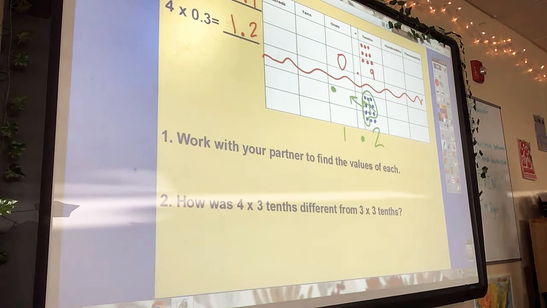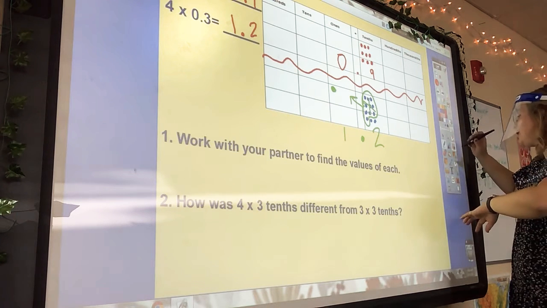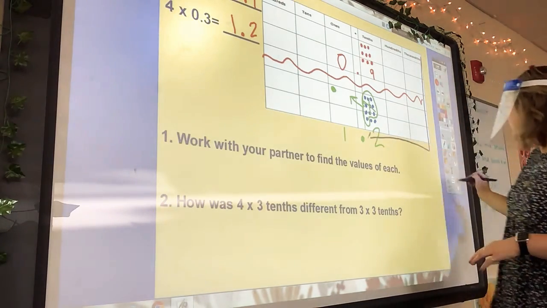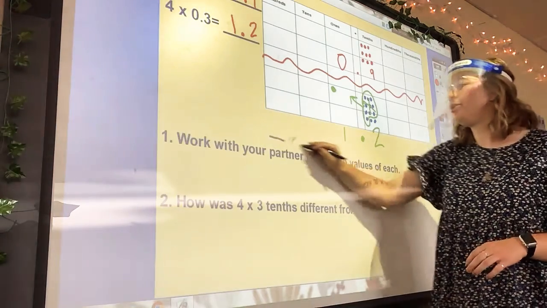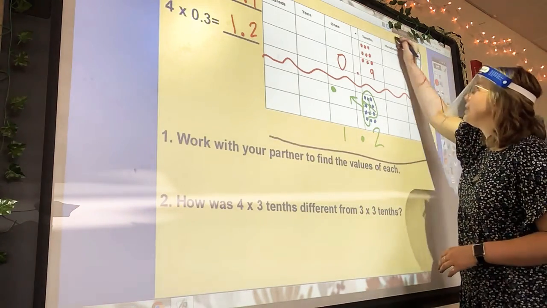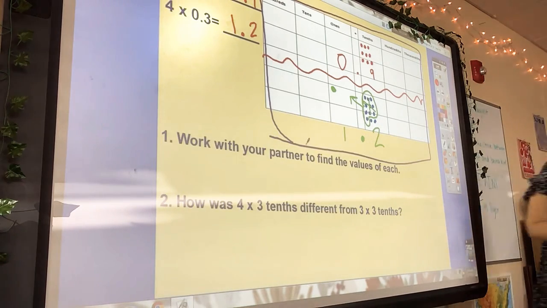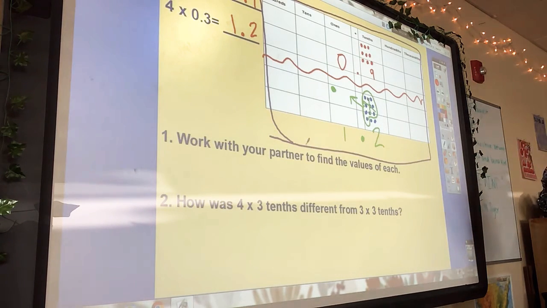All right, cool. So right now I'm going to give you another like 3 minutes, okay? I know it's tedious and annoying, but I do want you to put this example in your notebook. You can make a really quick place value chart by just drawing a rectangle, putting some lines through it.